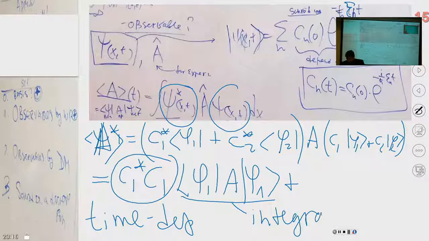Integration, which means that no matter how far we went in time, no matter what is happening in the time domain, the integral in this term will always be the same.